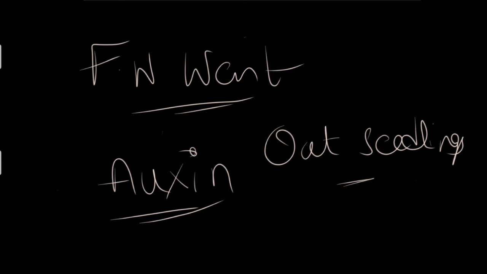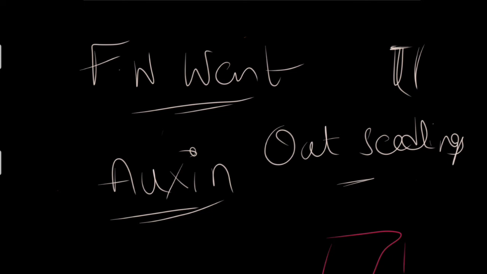When the coleoptiles of these canary grasses were cut, there is no coleoptile now, and they were not showing phototropism. Now what I did is, I took this coleoptile and placed it on an agar block.